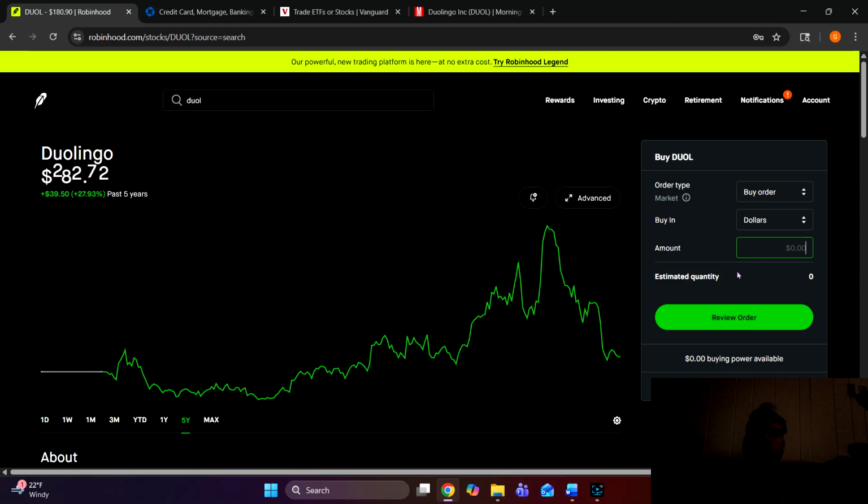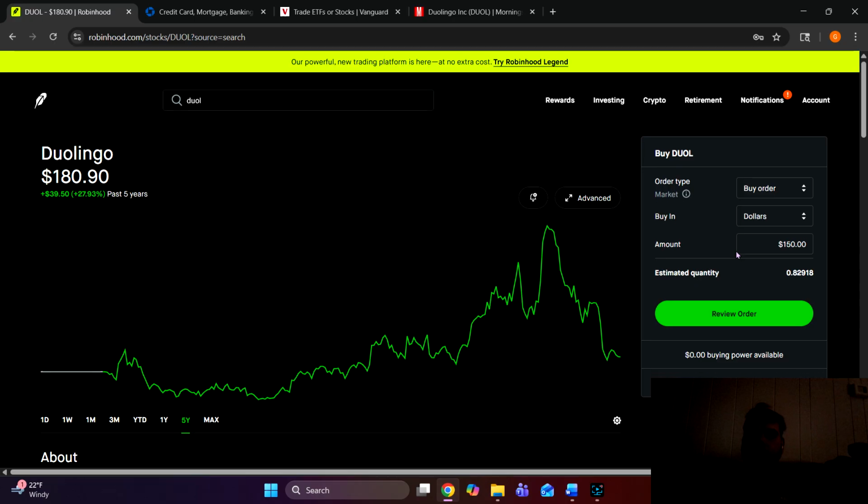So we'd buy $150 worth of Duolingo to be 15% weight of our $1,000 portfolio. And then you can do the math for the allocation that you want if you have more money than that.